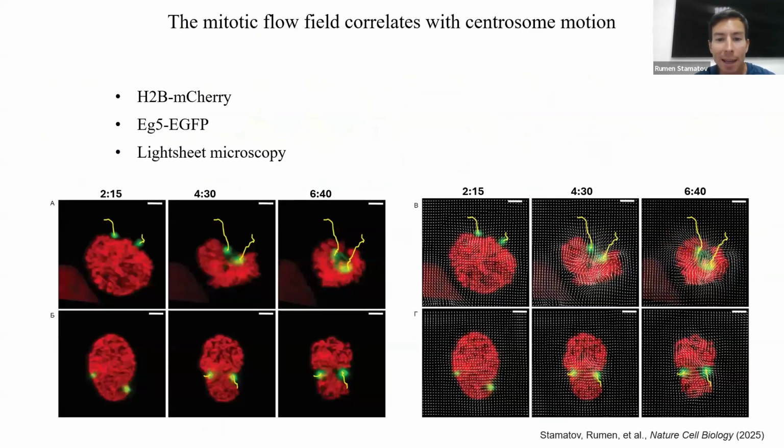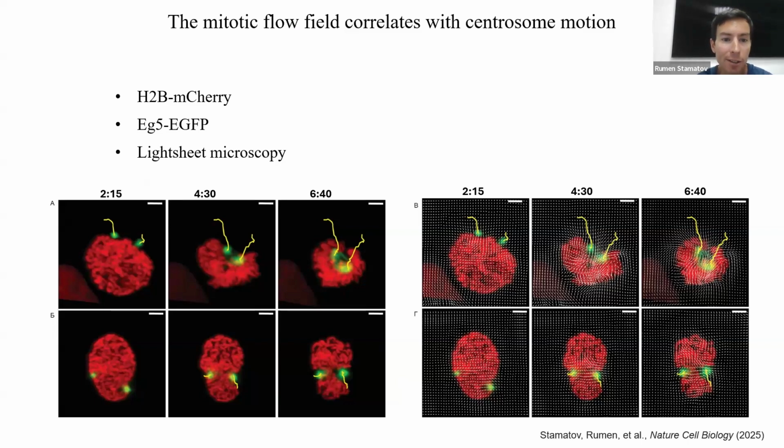So to understand why this happens, we decided to take a look at the centrosomes. So here we tag the histone with, again, mCherry, but also the centrosomes with GFP. And we used light sheet microscopy to follow both at the same time. And we saw that this chromosome motion that we observed is very well correlated with the motion of the centrosomes.